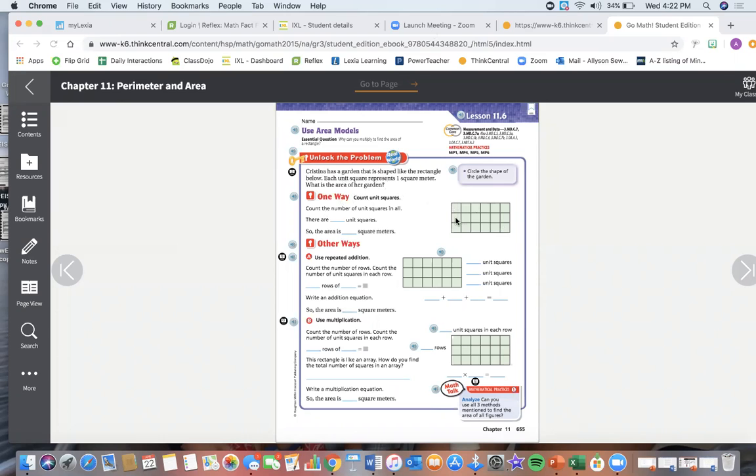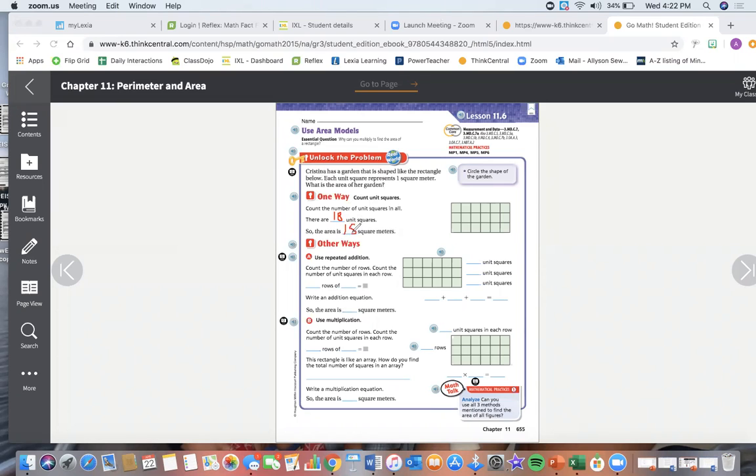So I have 1, 2, 3, 4, 5, 6, 7, 8, 9, 10, 11, 12, 13, 14, 15, 16, 17, and 18. So I know that there are 18 unit squares. So the area is 18 square meters.